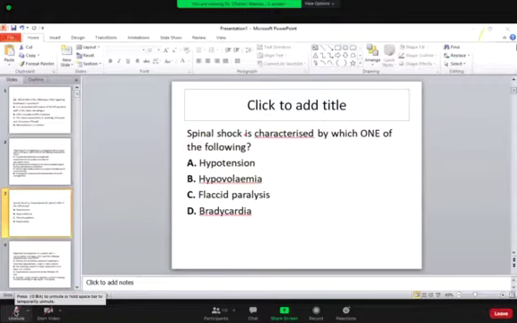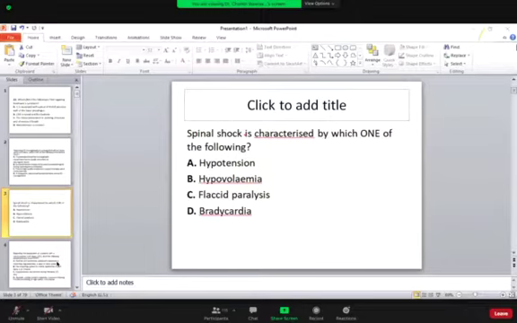Breathing problems depend on the level of injury. So the diaphragm C3 to C5, intercostal muscles, then T8 and below, abdominal muscles. Depending on the level of the spinal cord injury, you can anticipate breathing problems.